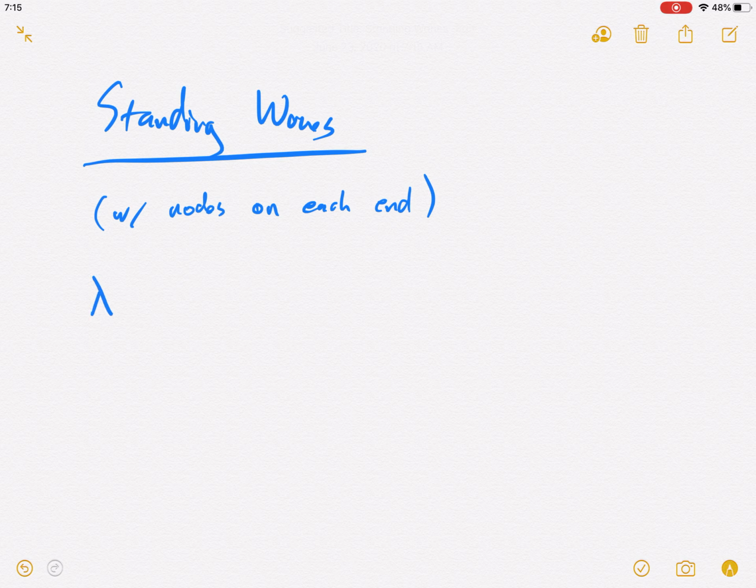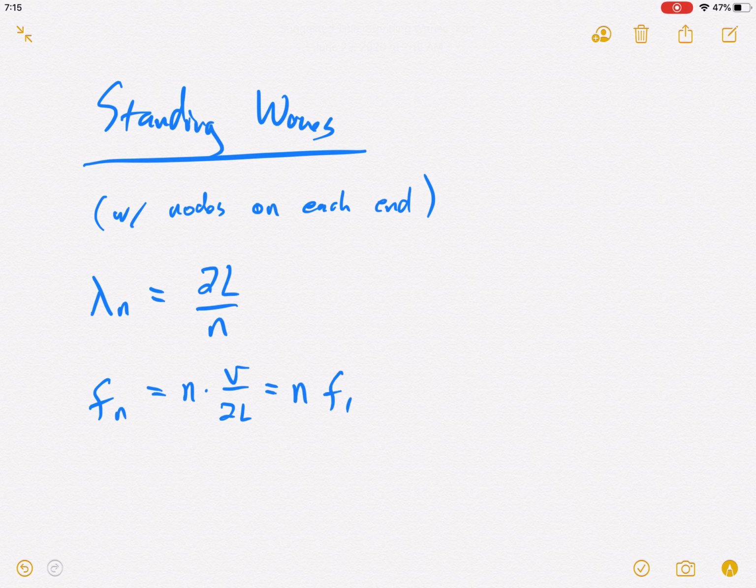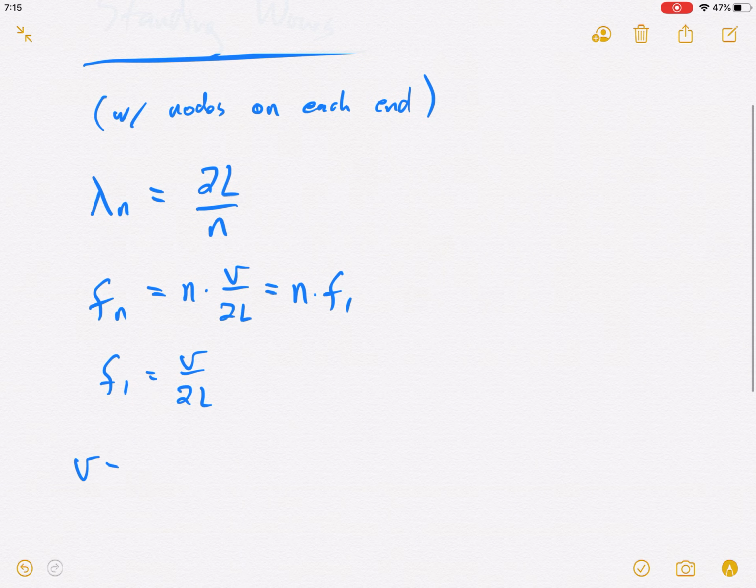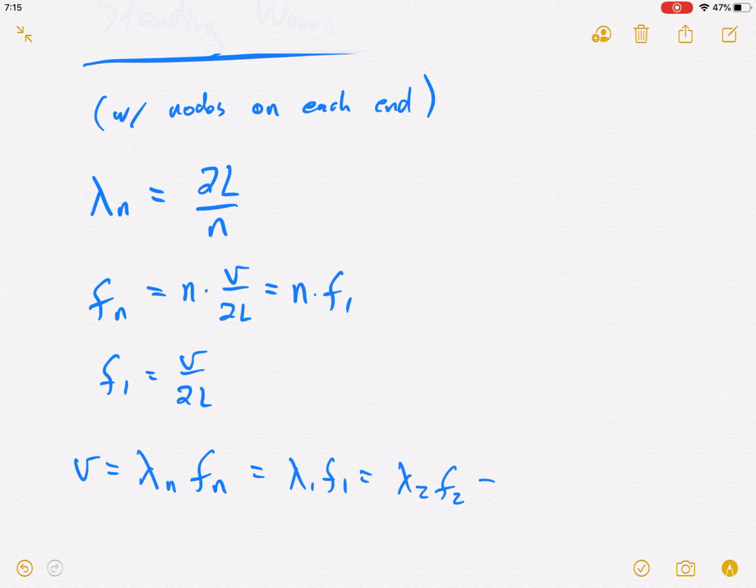So the wavelength was 2L over n, and the frequency of each mode is n times v over 2L, or n times the fundamental frequency, where the fundamental frequency is v over 2L. We also know that v equals lambda sub n, f sub n, and those have to be the same n: 1 and 1, or 2 and 2, etc.